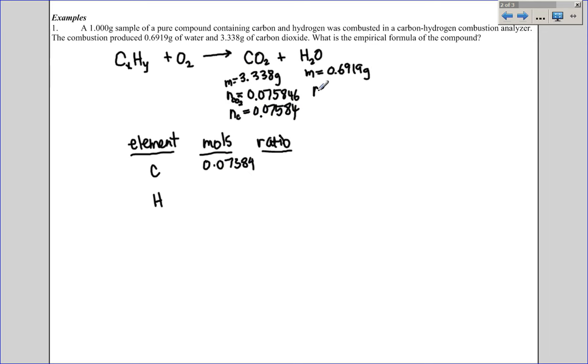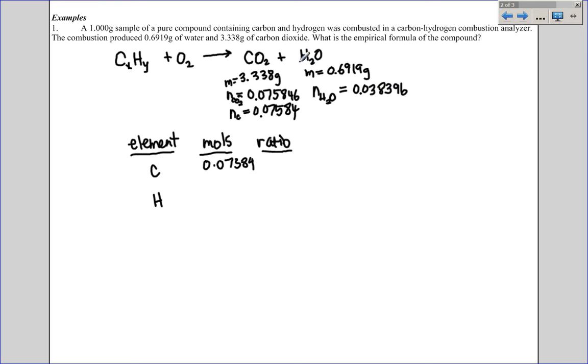Let's do a similar analysis for water to determine the hydrogen. I can figure out the moles of water, and I do that by dividing by the molar mass of water, which is 18.02, and I get a moles of 0.38396. Now in this case, to determine the moles of hydrogen, I need to take into account the ratio.